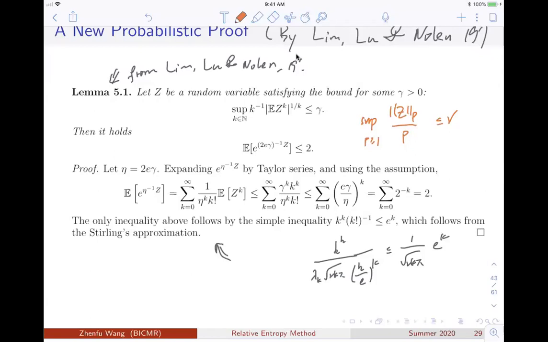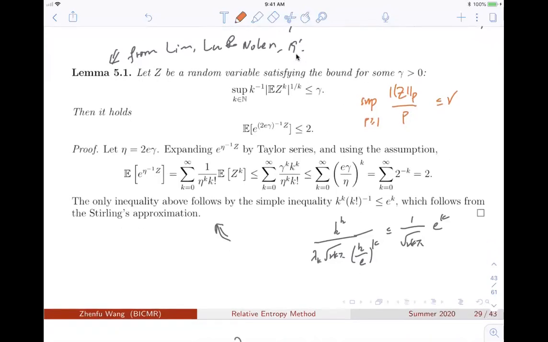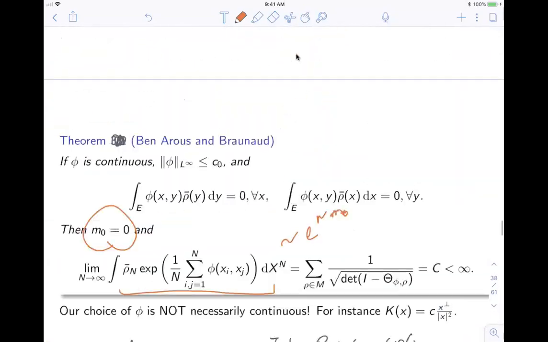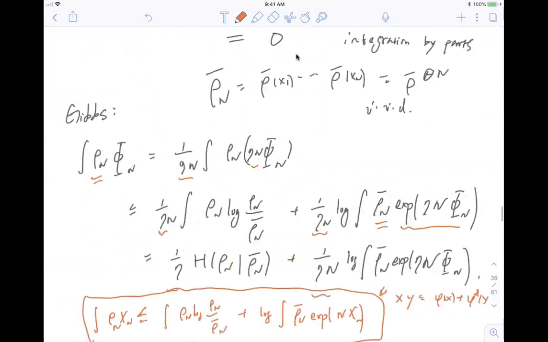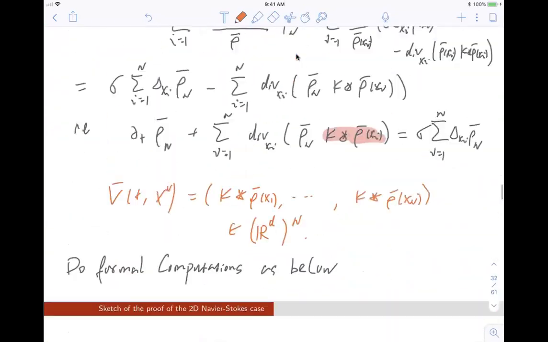Then this random variable has a finite exponential norm. It is a trivial thing using Stirling approximation, which you can check. But this is a very good observation, and we use it as well, for instance in our results on weak-strong uniqueness, which I did at the very beginning of this lecture.